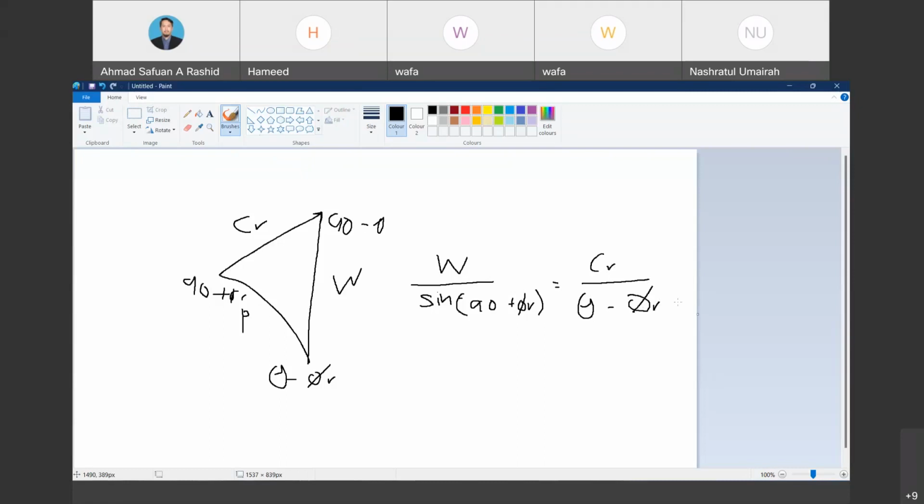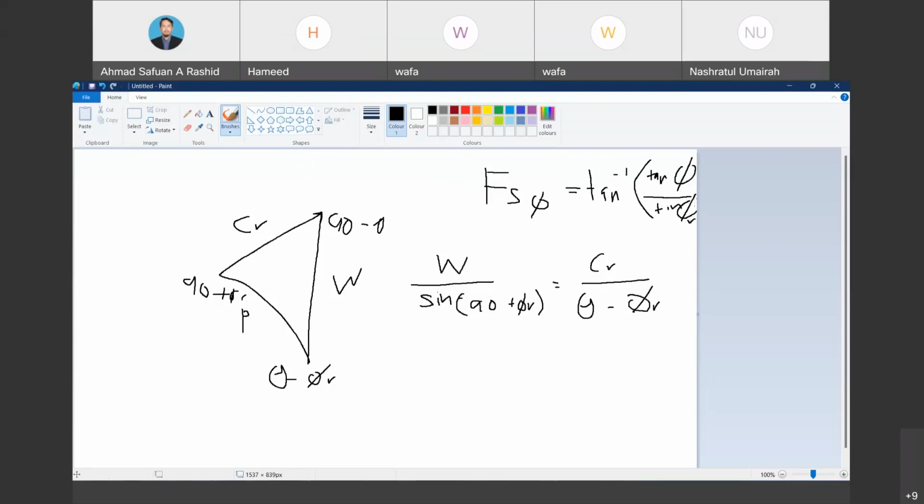So W we should determine first, and then we determine the phi r based on the FS phi, equal to tangent phi over tangent phi r.